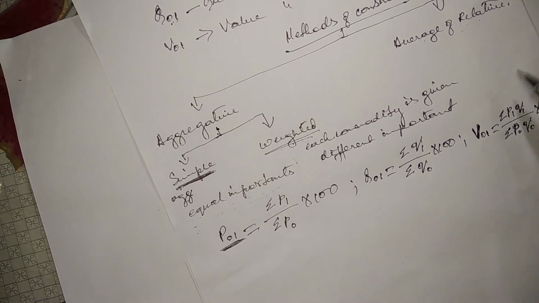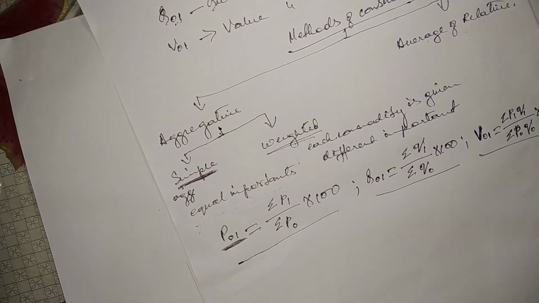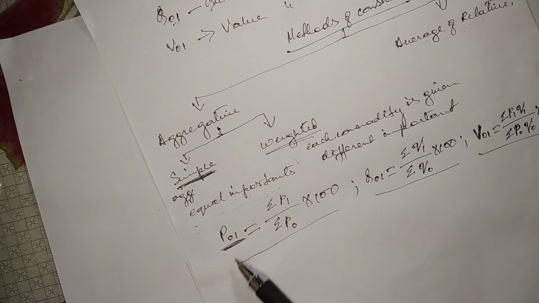Okay, so these are the formulae for how to calculate the price index number, quantity index number, and value index number.